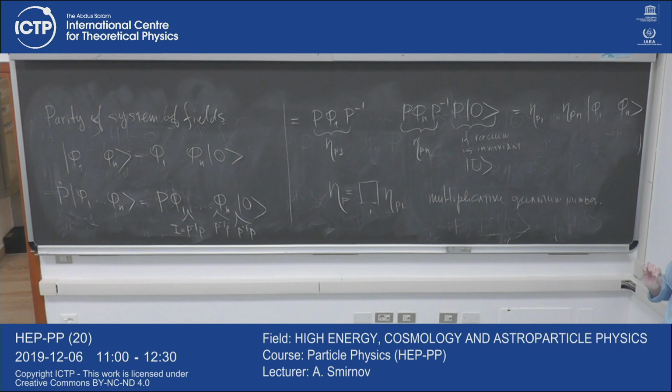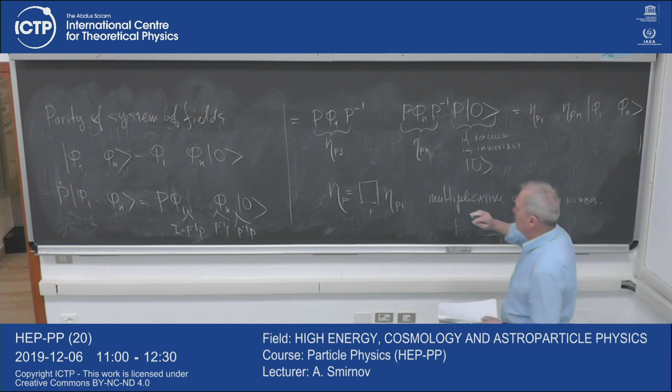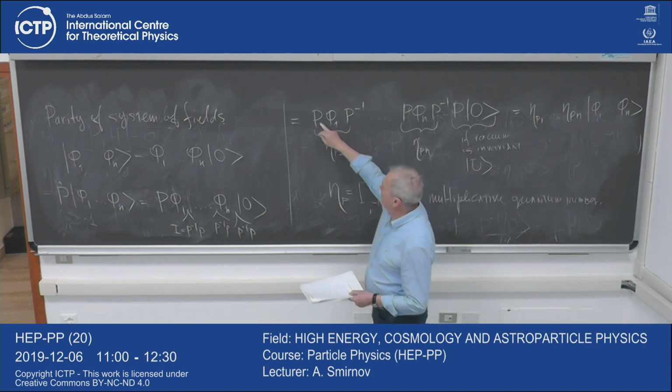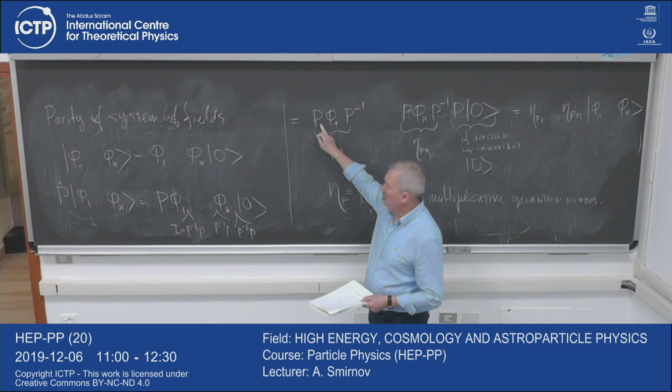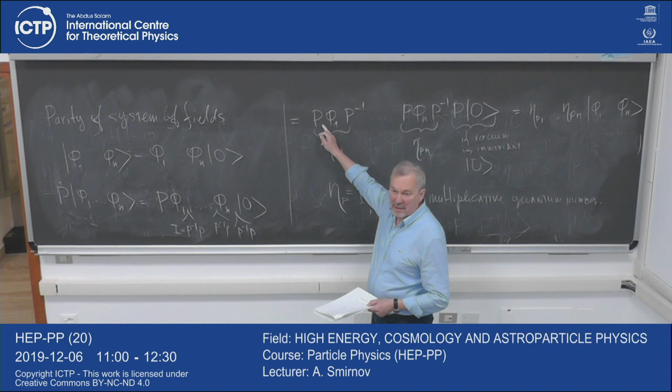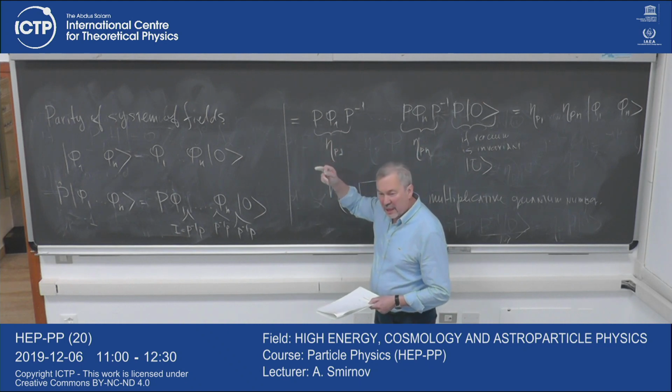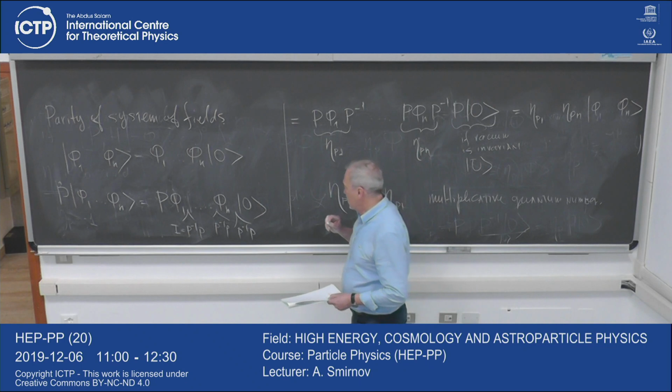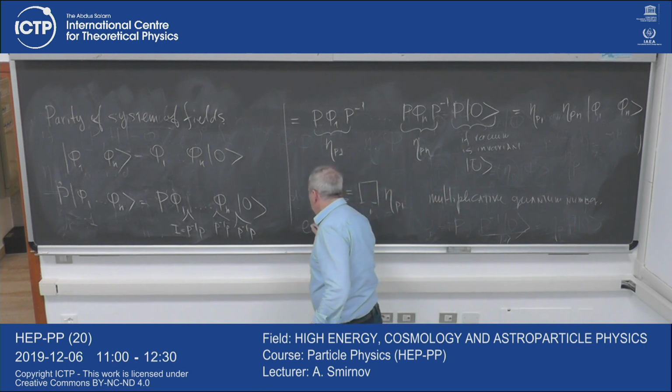So let me remark immediately, because we will have some quantum numbers which have an additive character. And this quantum number is multiplicative because the generator of the symmetry appears here just as a factor. What we will discuss later are the transformations when the generator appears as a power, in the exponent.